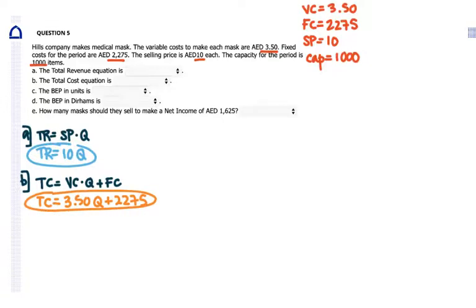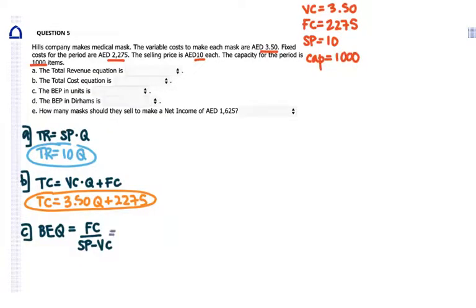Okay, the break-even point in units. Now we could do it the algebra method by setting those two equations equal, but I prefer for the break-even point in units, also called the break-even quantity, to use the margin method, which is fixed cost divided by the margin, fixed cost divided by selling price minus variable cost.